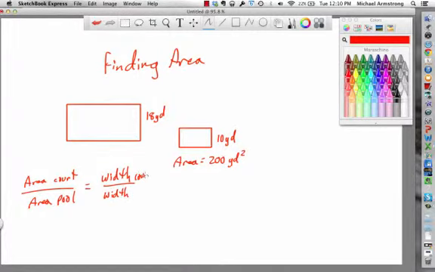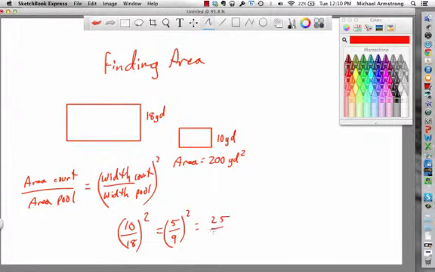This is court and pool, and remember we have to square it because area is squared. This is from the last lesson. Well, we can just put in 10 over 18 squared. We might want to simplify that, because 10/18 is the same as 5/9. Squared, that is 25/81.